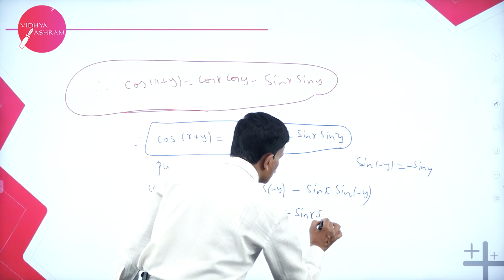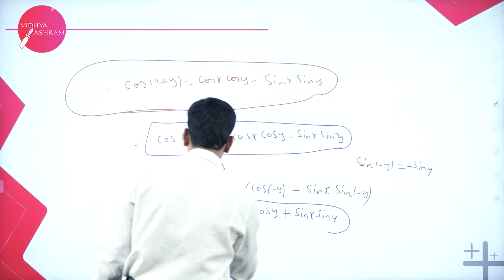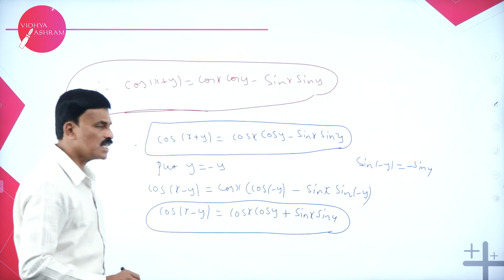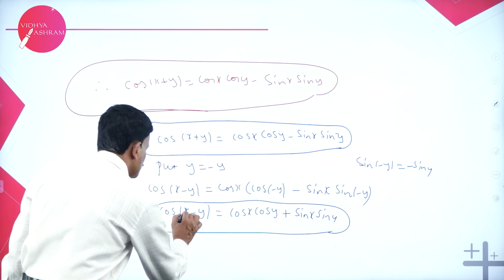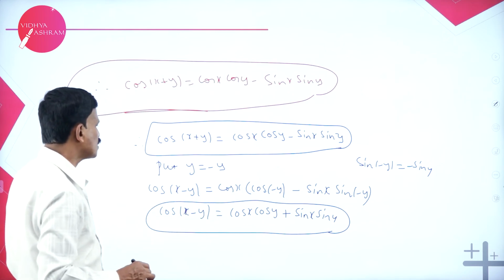So the second derivation is cos(x minus y) equals cos x cos y plus sin x sin y.